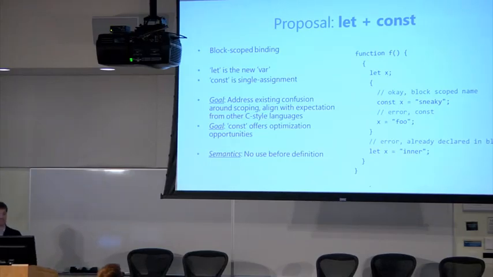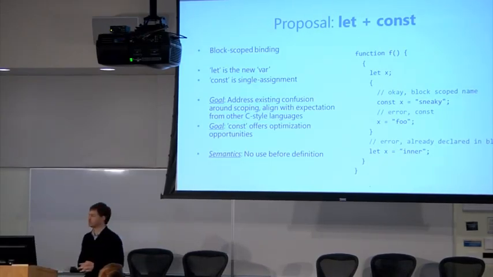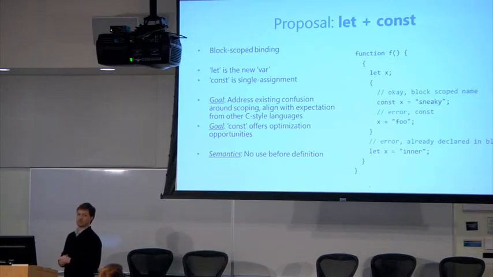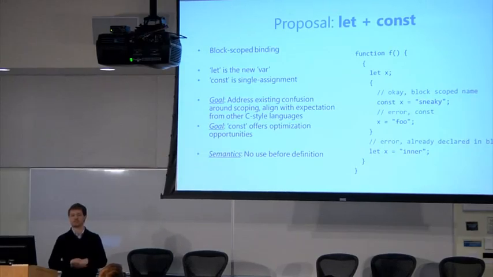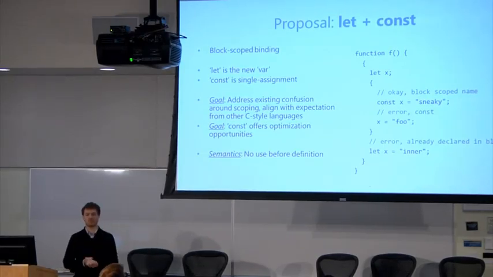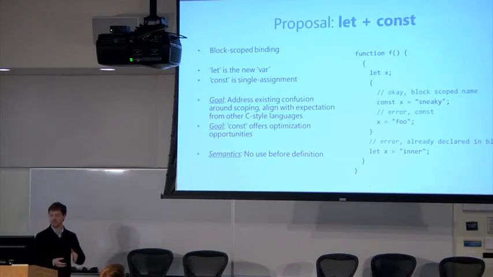So the first of these is actually to address another one of the big points of confusion. I mentioned that this binding for functions was one of the big points of confusion for JavaScript developers. Another big point of confusion for JavaScript developers is the scoping of var declarations. In JavaScript, all var declarations are hoisted to the function scope, and so blocks do not themselves create new scopes in JavaScript today.